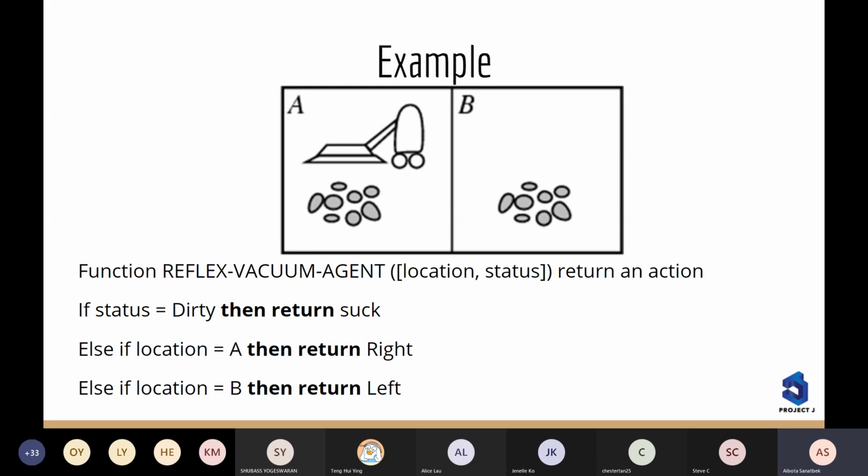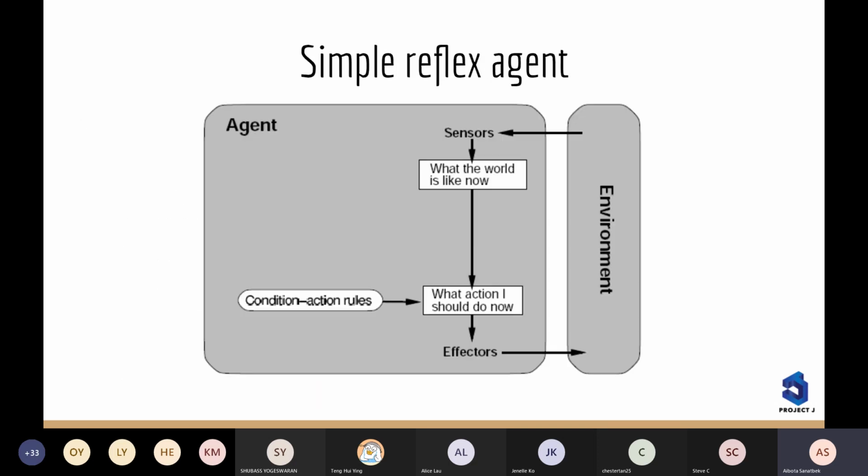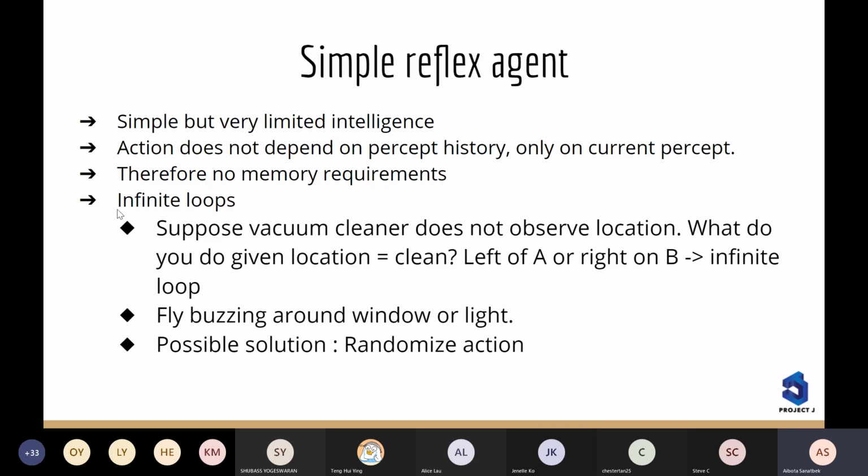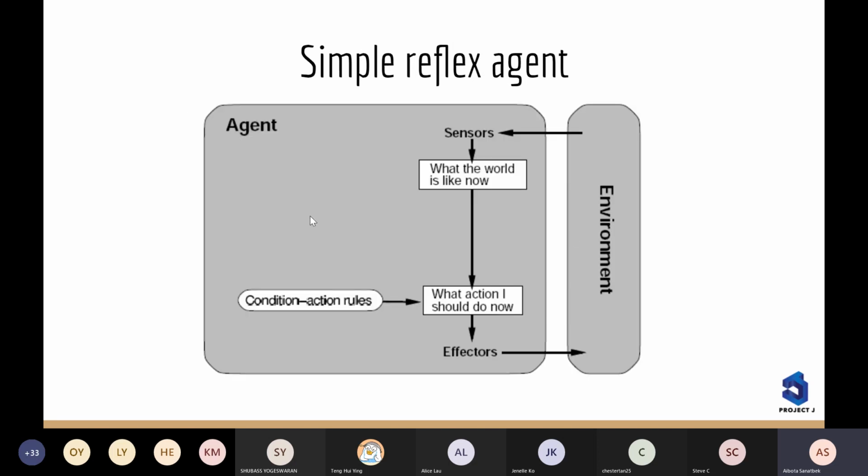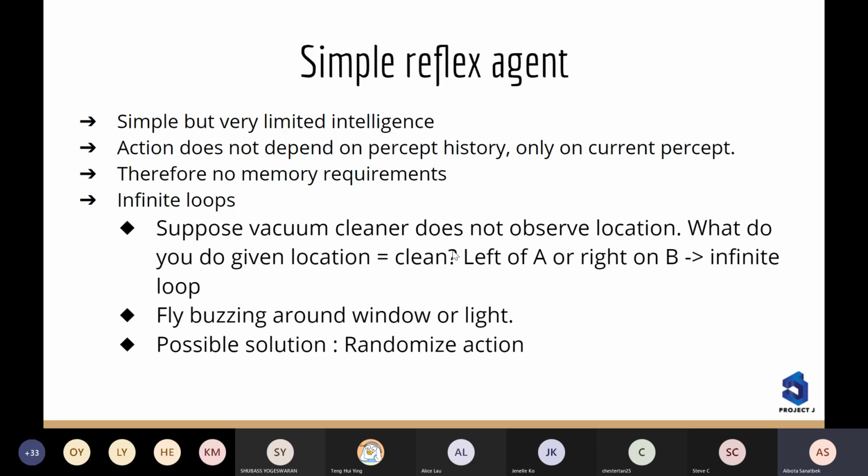It only considers whether the current location is clean or dirty, and it doesn't care whether this location was dirty a month ago or yesterday. As there is no need for storing the historical percept, there is no memory requirement for this simple reflex agent.